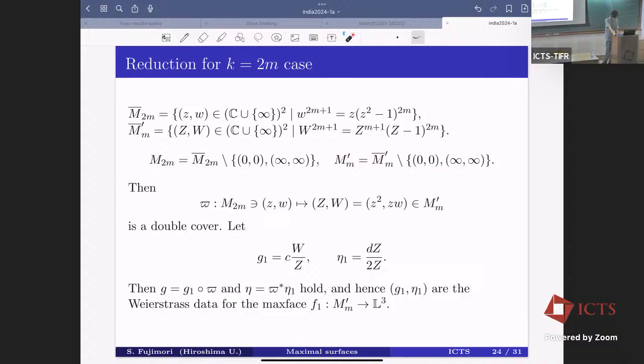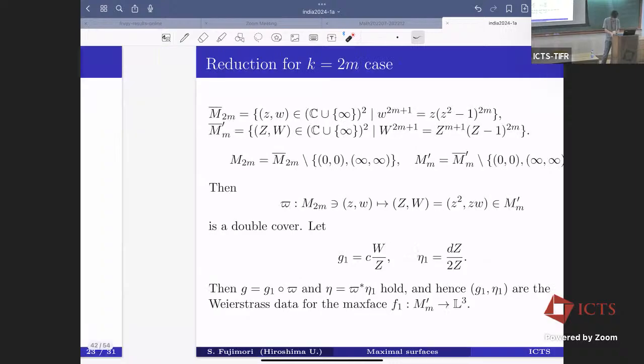And then we have this projection from this surface to this surface. Then we can say that this is a double cover. And then we set G1 and eta 1 this way. Then G is the composition of G1 with this projection pi, and eta is the pullback of eta 1 by pi. And these are the various data of the maximal surface.